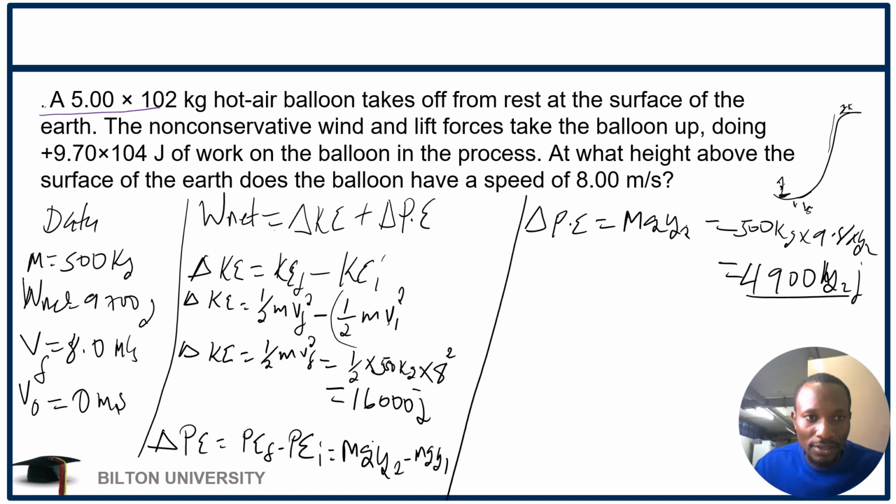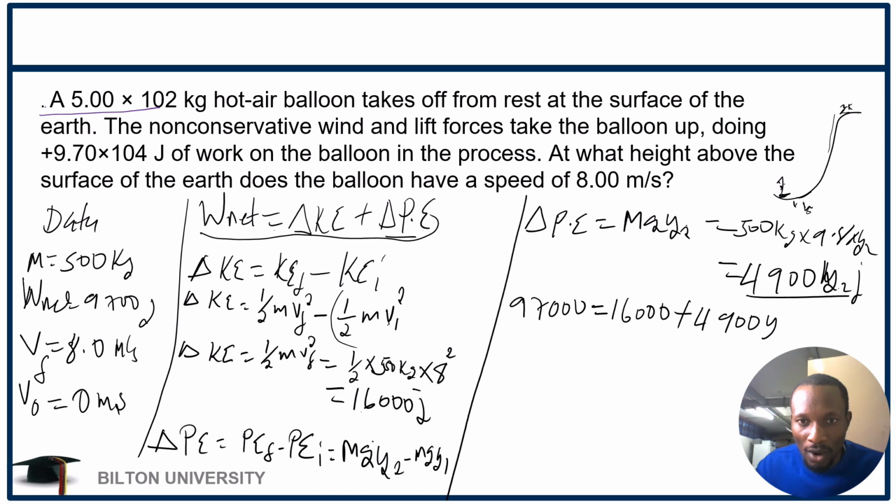So let's go back to this equation so that we can find this missing height. We have said that the net work, which has been given to be 97,000, is equal to the change in kinetic energy, which we found to be 16,000, plus the change in potential energy, which is 4,900 y2, because we are looking for this.